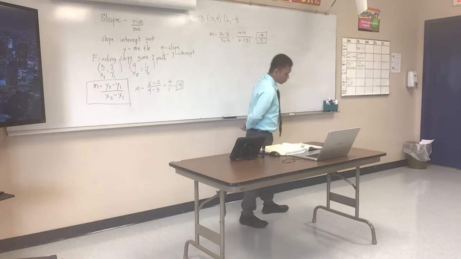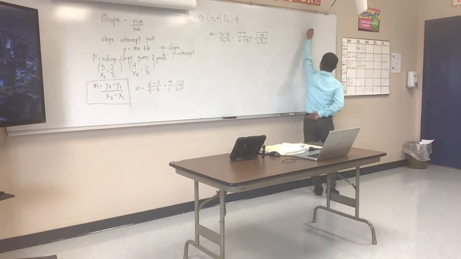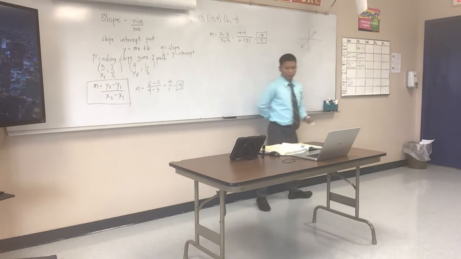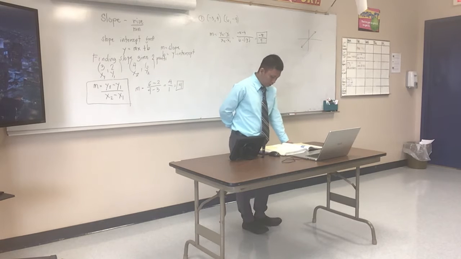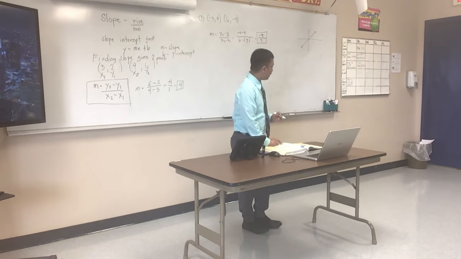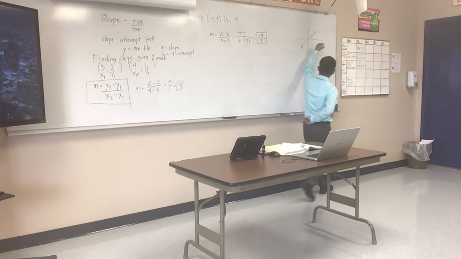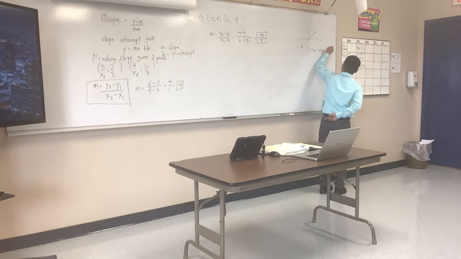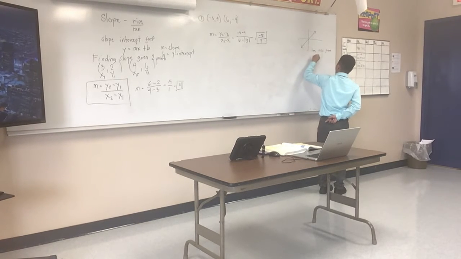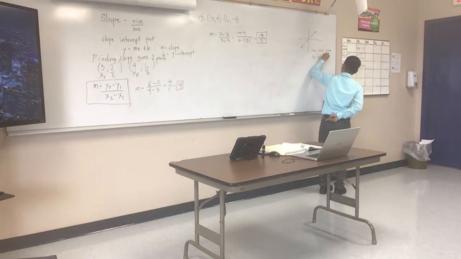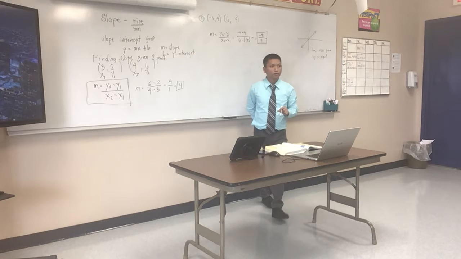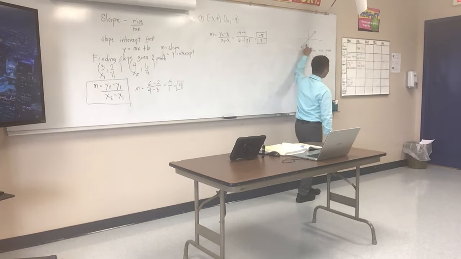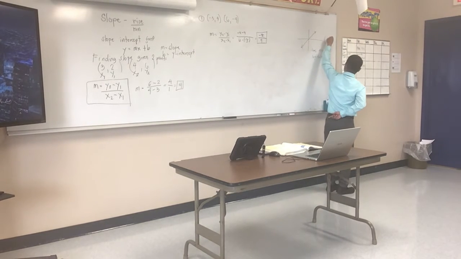Okay, if we have an equation, a graph that has a line that rises from left to right, therefore we will have a positive slope.